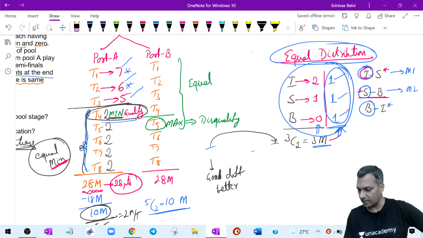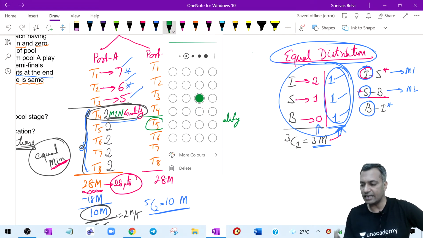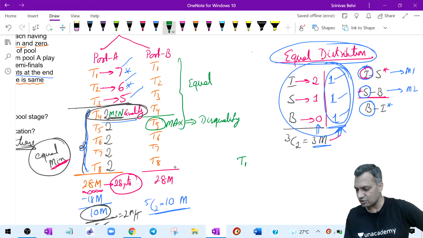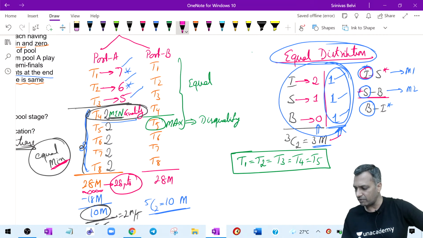Now I'm trying to say that, look man, the winning rate of team 1 is as good as winning rate of team 2, as good as winning rate of team 3, as good as winning rate of team 4 and team 5. You all 5 fellows have the same capacity, but when compared with 5, the other 4 fellows have the better goal difference.